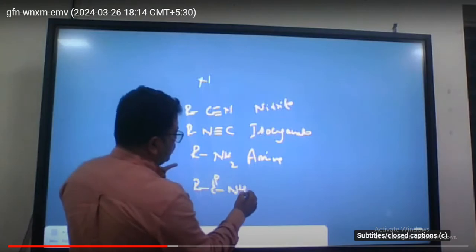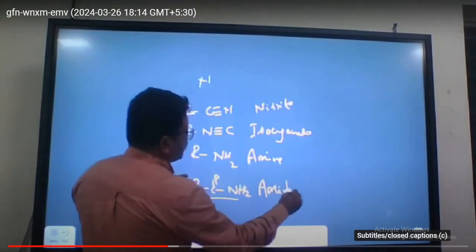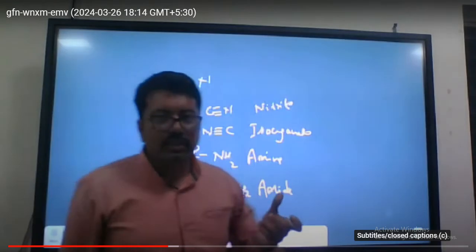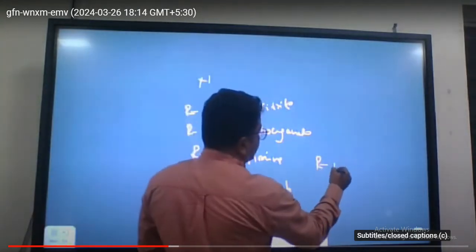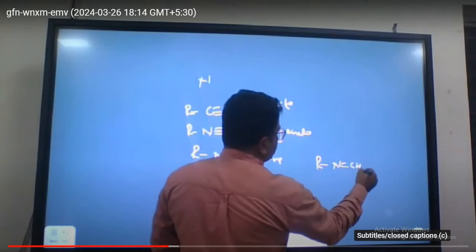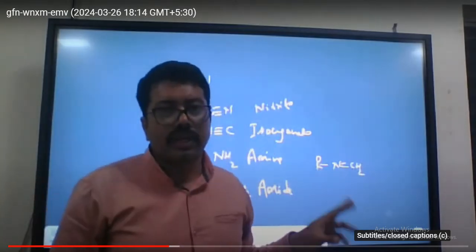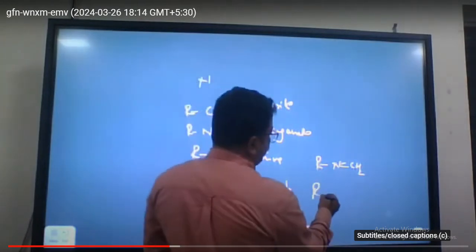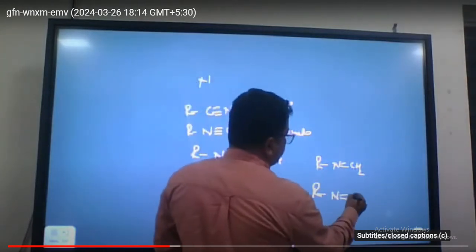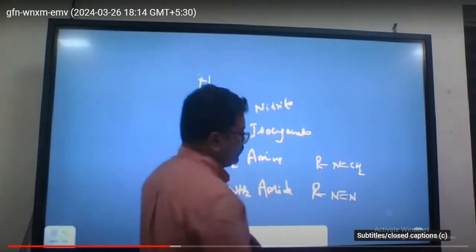CONH2 is the amide functional group. So these are imines, with a double bond to N, and also diazo compounds. So these are all diazo compounds.